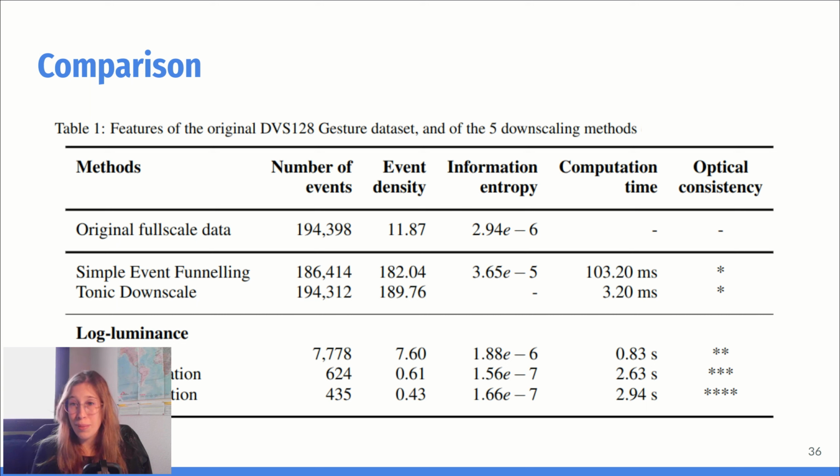Finally, the final component is about optical consistency. This is more of an arbitrary estimation of how much this method is akin to the mechanisms of an event camera itself, and this has been evaluated thanks to the expertise of Teresa and Bernabé, who are, as I said, researchers in microelectronics. The event funneling does not look at all at what an event camera would do.